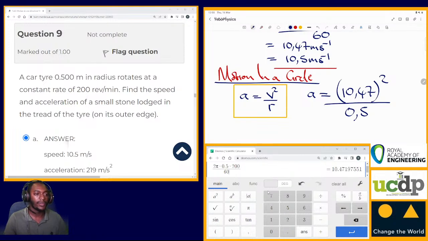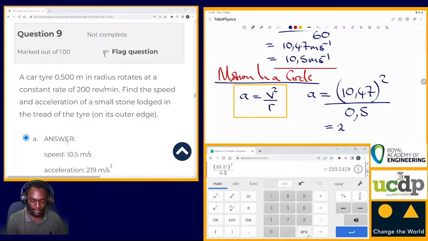Then what remains is for us to punch that in. So we need the fraction again. There we go, we get 219.2.